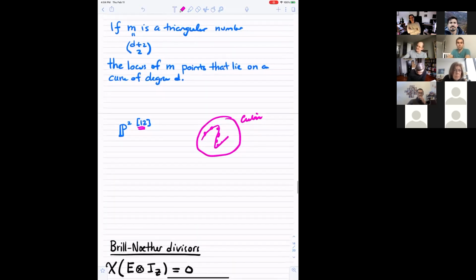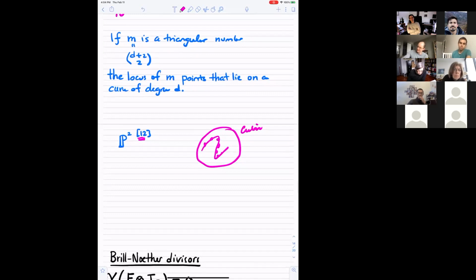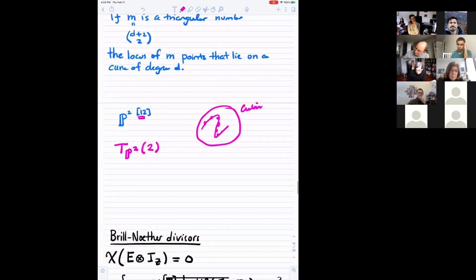And it's the following thing. So you see, I can take the tangent bundle of P2. The tangent bundle of P2 is a vector bundle of rank 2. And the point is that suppose that I twist it by 2. Now what does it mean that you twist it by 2?